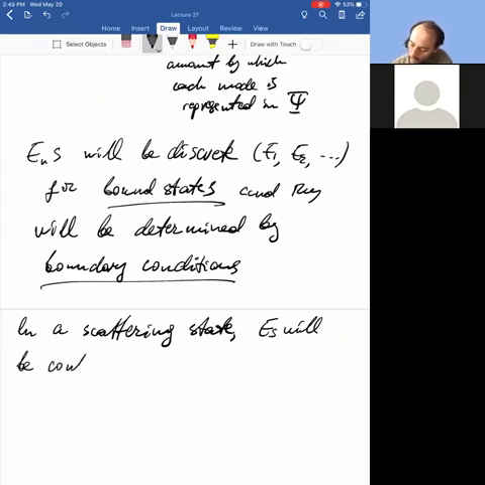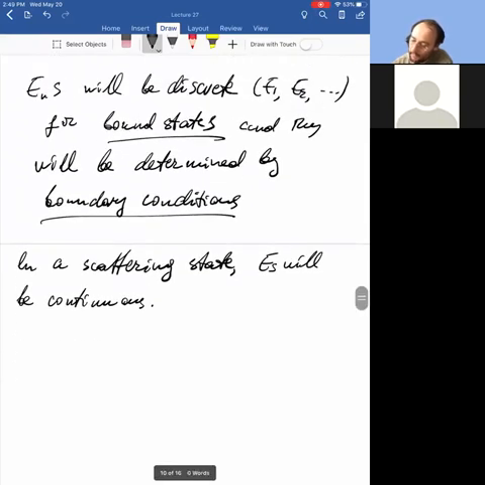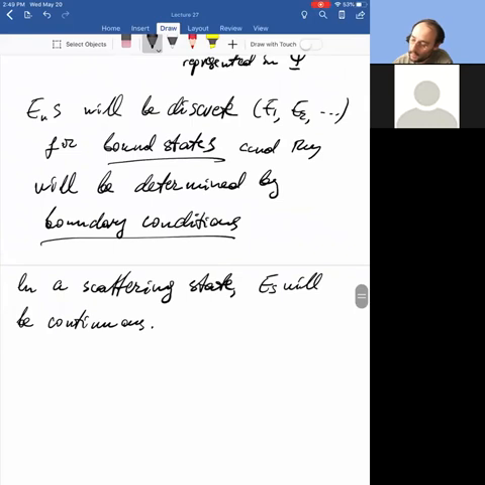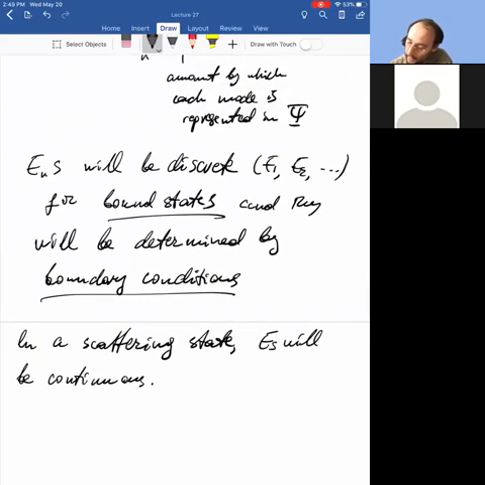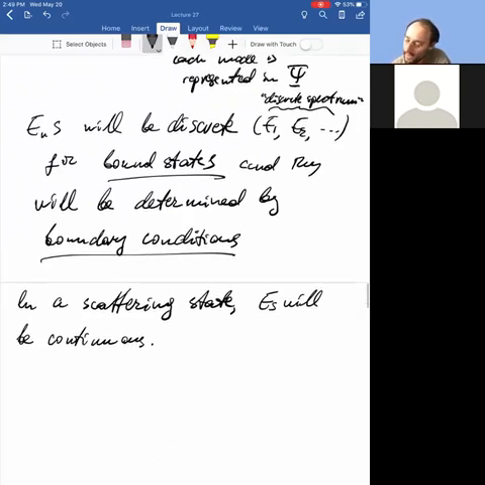You can call this a discrete spectrum, so the spectrum of energies will be discrete, and in the other case the energy will form a continuous spectrum.